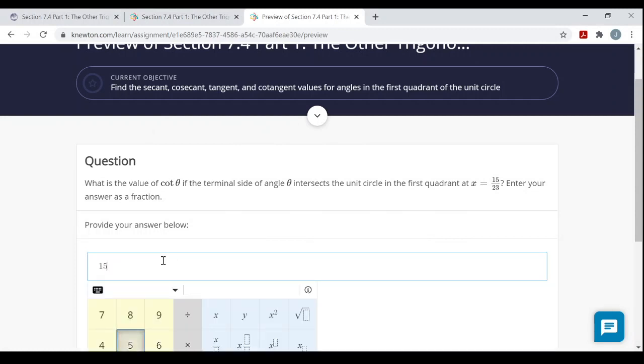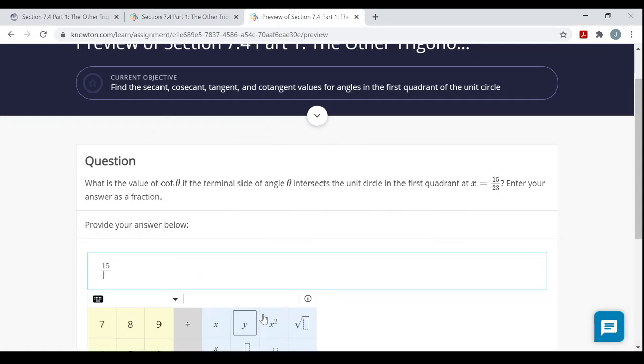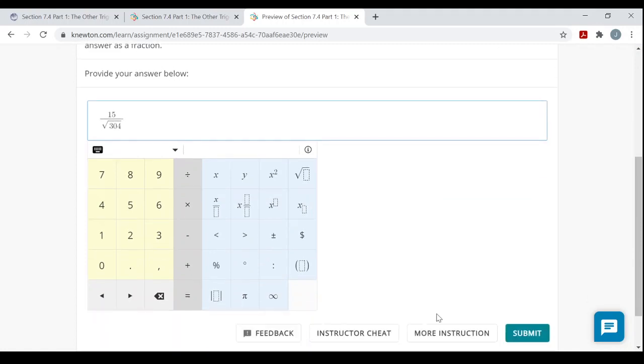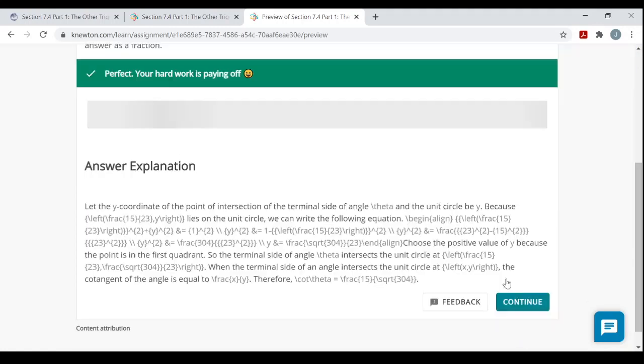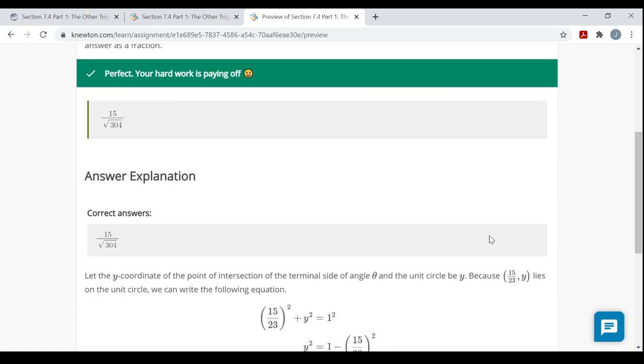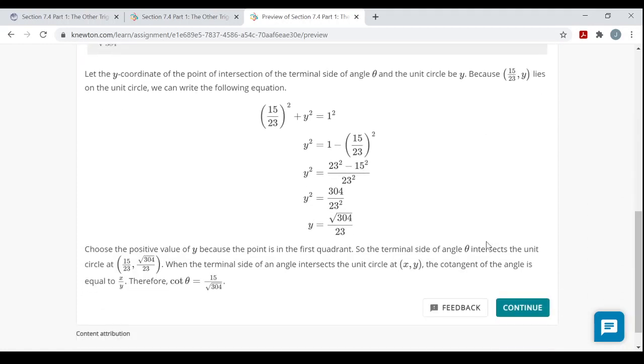I got 15 in the numerator divided by the square root of 304. You could rationalize the denominator if you wish, but I'll see if it takes it this way. Beautiful, it does take it that way. Remember, cotangent's x over y if you're at a point on the unit circle. Wonderful.